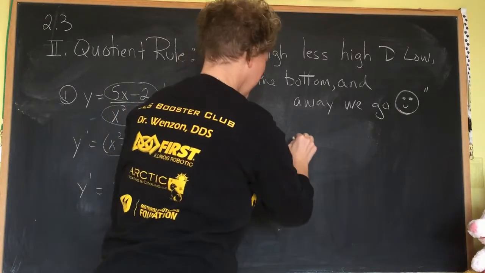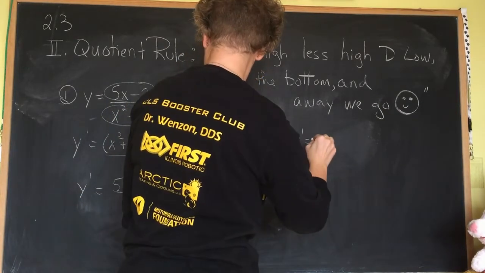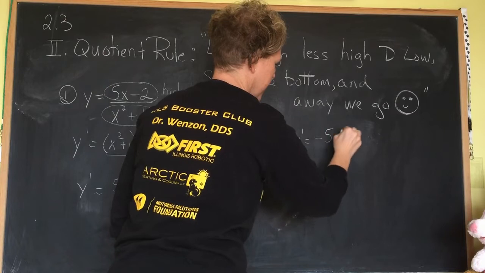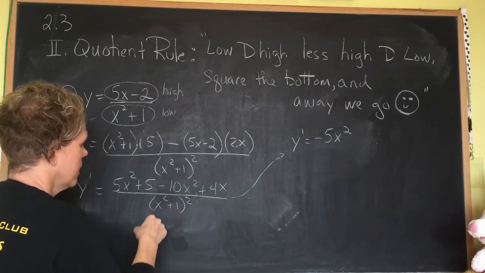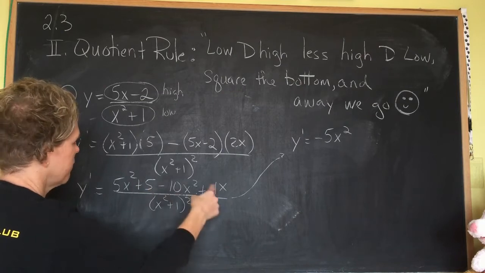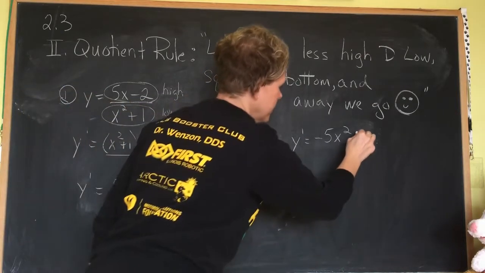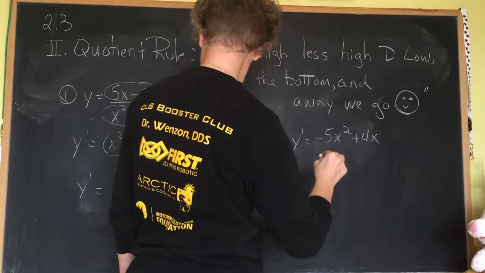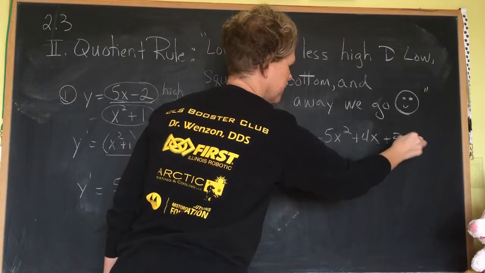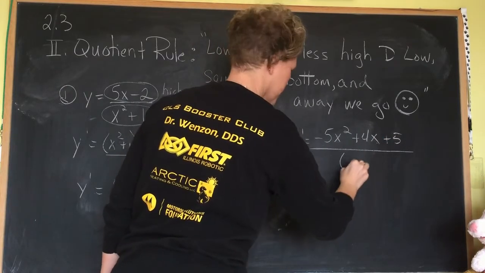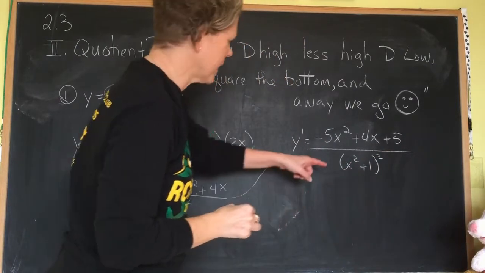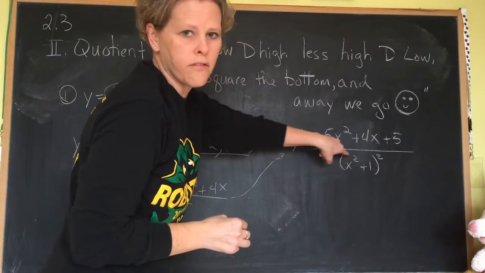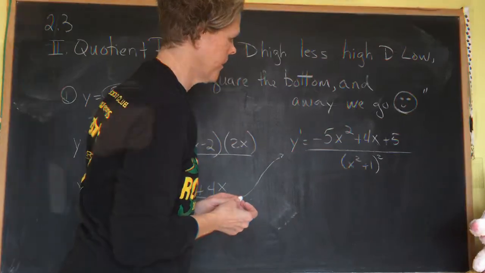Cleaning that up for a final answer of negative 5x squared, from the 5x squared minus 10x squared. And it looks like the 5 and the 4x, we can't do anything with those anyway. So plus 4x plus 5 all over that bottom squared. Again, the square the bottom, I always just leave it like that. There's no reason to FOIL that out. We leave it alone and we're good to go.